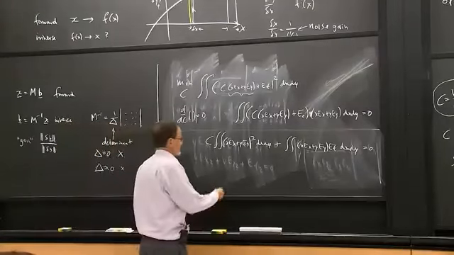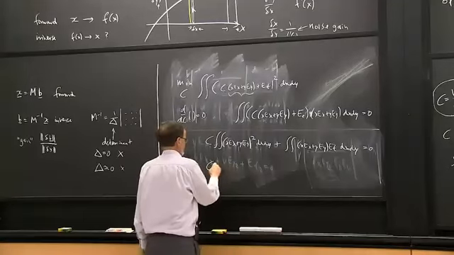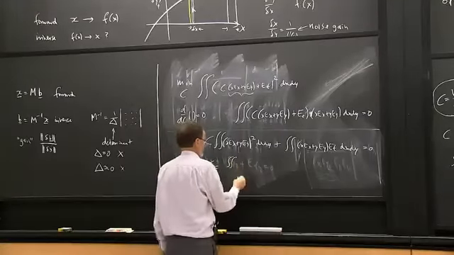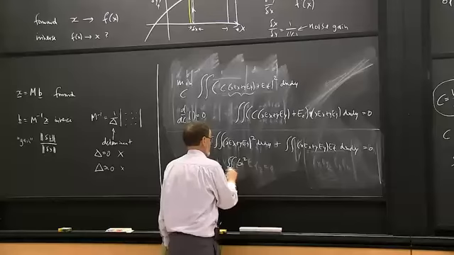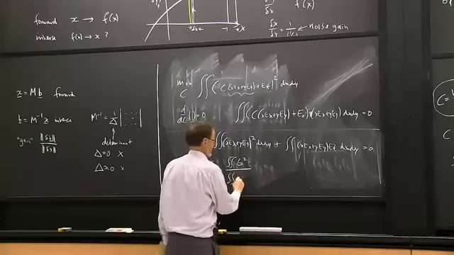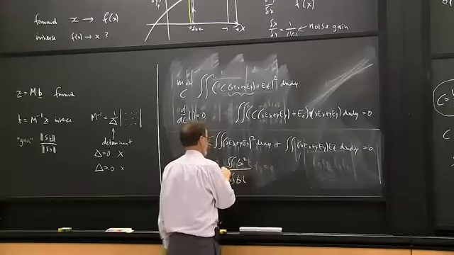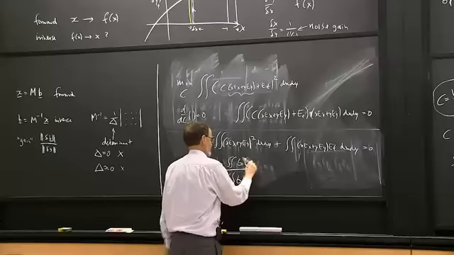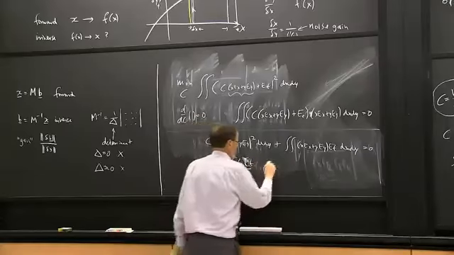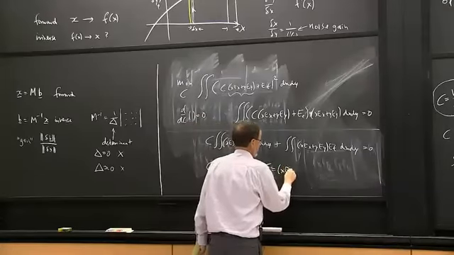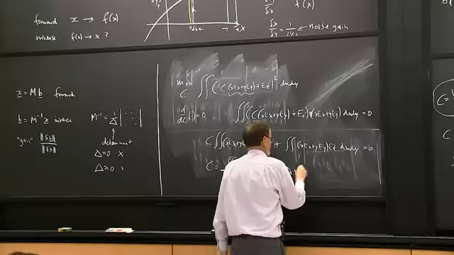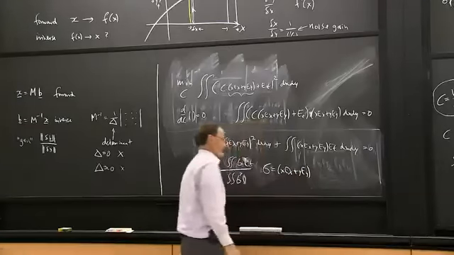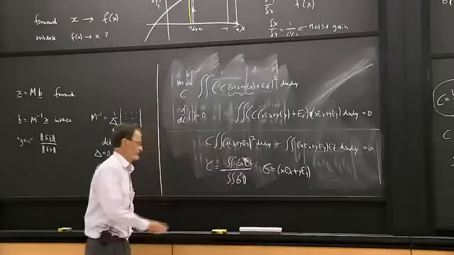Okay, and so I can solve for c: it is minus the integral of g e_t over the integral of g squared, where g is this radial gradient, which will occur so often that I get tired of writing it out.